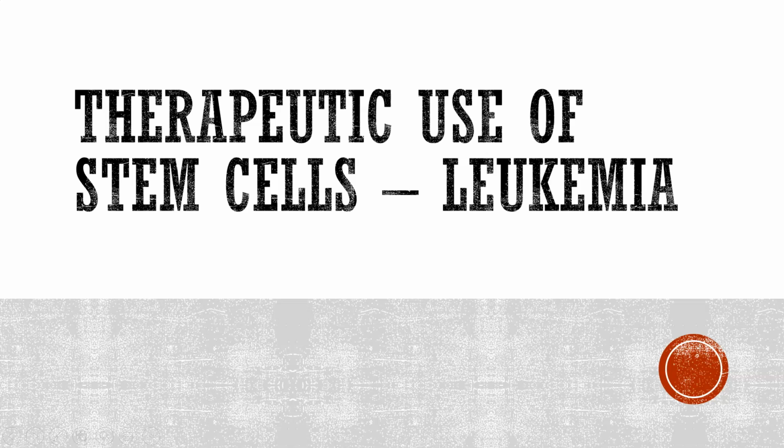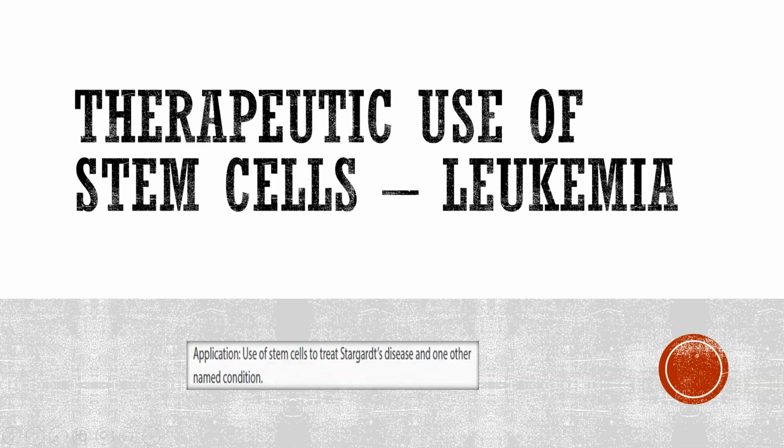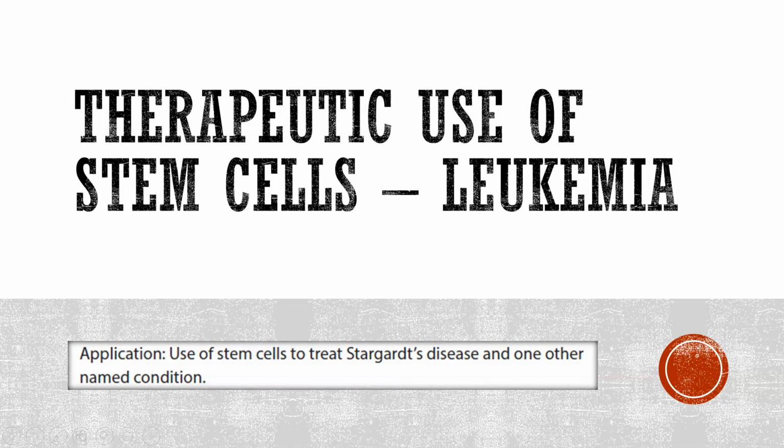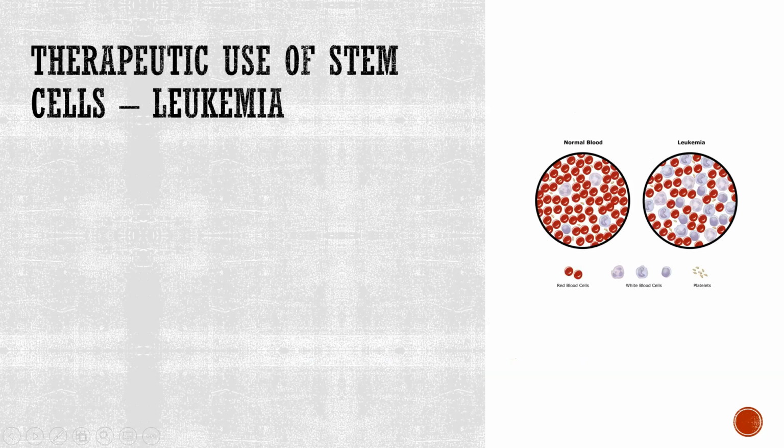Okay, so our second therapeutic use of stem cells we'll look at is leukemia. So you had Stargardt's disease and one other named condition. So our one other named condition we'll look at is leukemia.